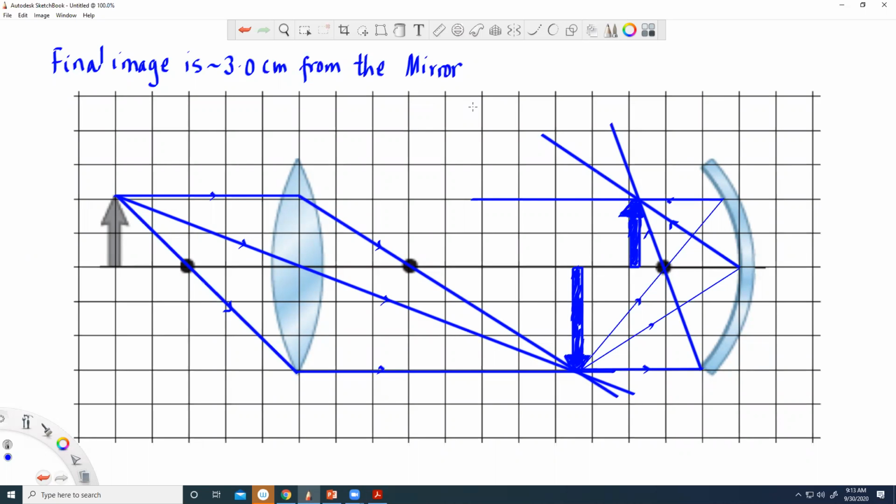And it's upright, and it's about the same size as the object, and it's real because it's formed by the real intersection of the rays.